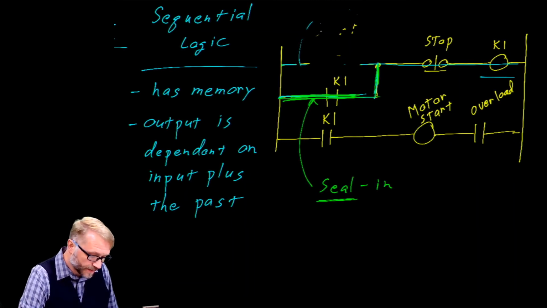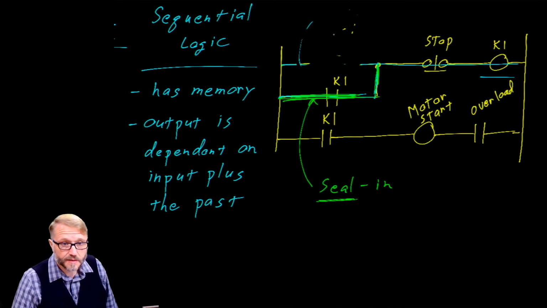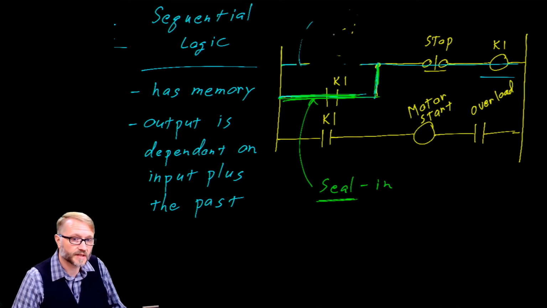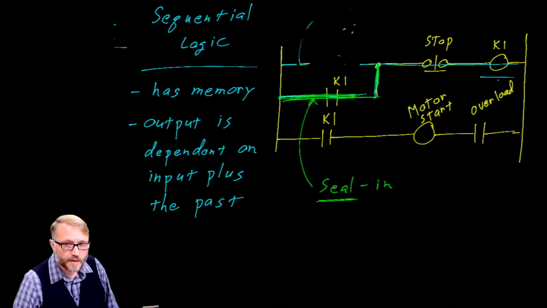Okay, that's memory. The output, K1, is dependent on memory. It's depending on conditions that happened in the past. The circuit will remember that the start button has been pushed. It will stay activated until the stop button is pressed or until you remove power to the circuit.